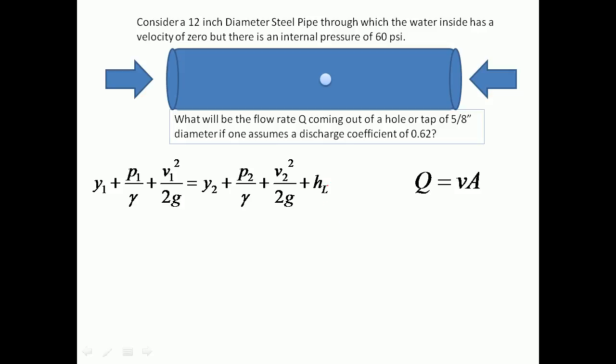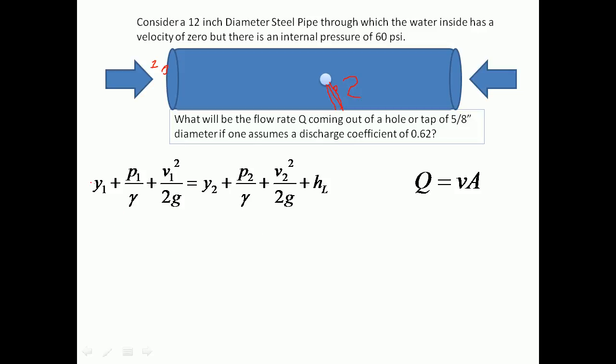You have to realize a couple of things here. If you assume this is point 1 right here, someplace in the pipe, and point 2 is just a point right there in the water stream, so we'll call that point 2.